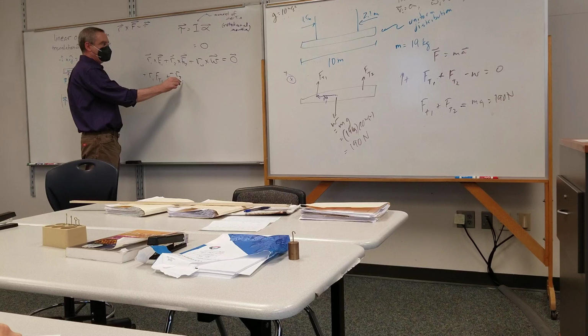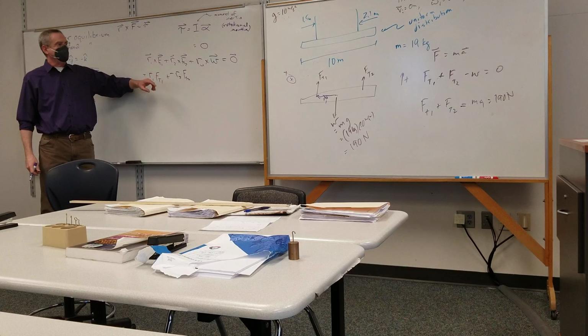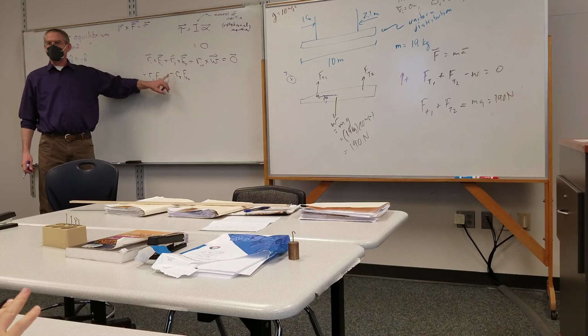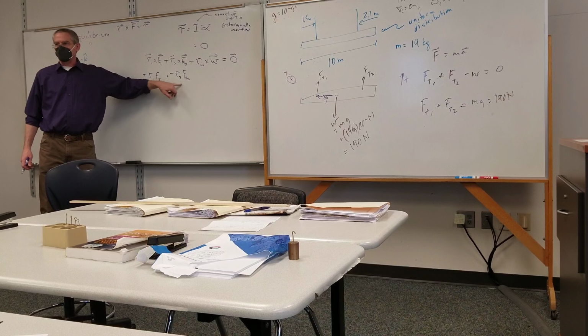Just the negative sign, we got the negative sign right there. There are other ways of coming out with a negative sign, but we already thought through it, we know it's going to be in the negative direction, so it's just going to be the product of the magnitudes there.